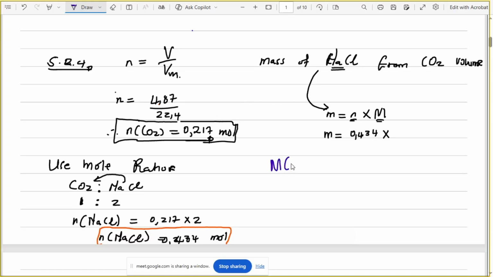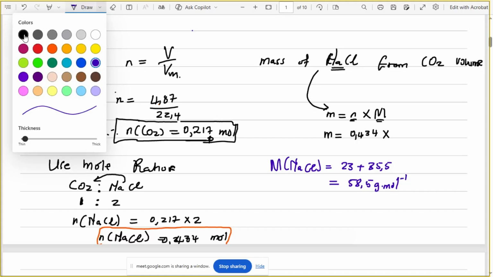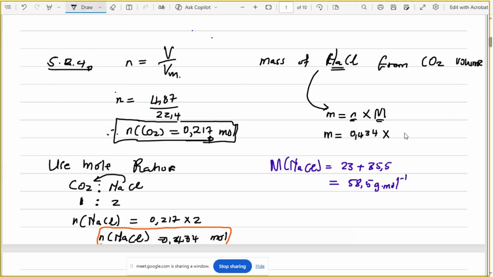The molar mass of NaCl is equal to, we said Na is 23. I'm going to add Cl, which is 35.5. We add the two, we get 58.5 grams per mole. So where there's molar mass, we substitute 58.5 grams per mole.